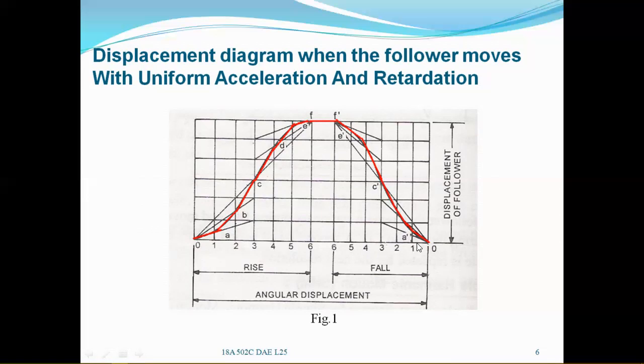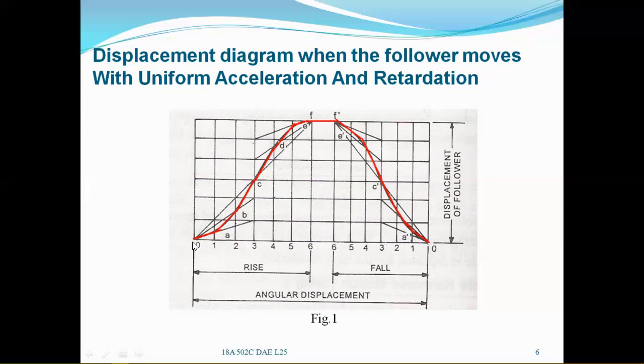So let us see, 0 and 1 dash will intersect the vertical 1 dash line at point A dash. Similarly, 0, 2 dash will intersect the second vertical line at B dash, and similarly C dash, D dash and E dash. Finally, you will get F dash.